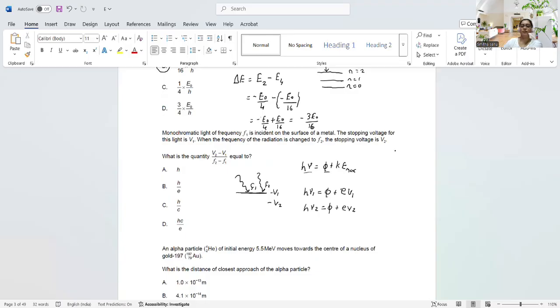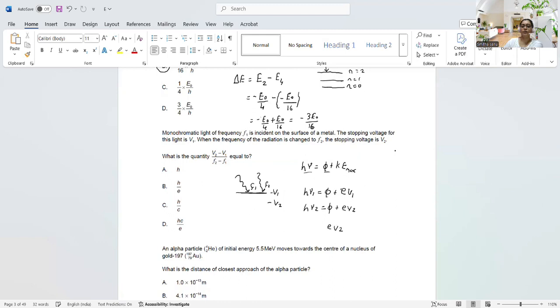Now they are asking you to get the answer for V2 minus V1 upon F2 minus F1. So we subtract eV1 from eV2.